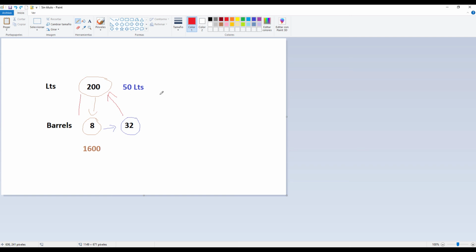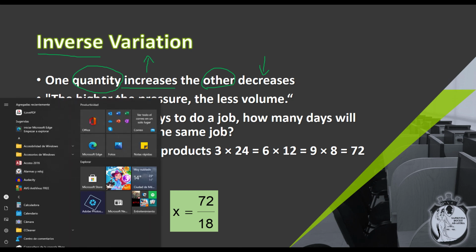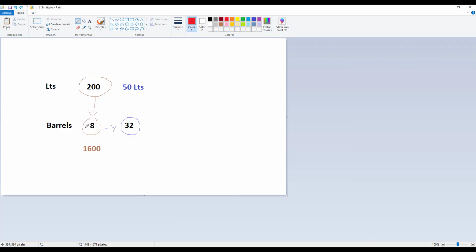Why? Because if you increase one quantity, the other decreases. You increase the barrels, but you decrease the capacity of the barrels, because it's the same quantity of wine.